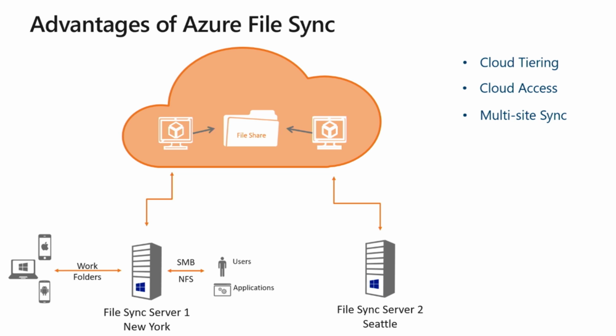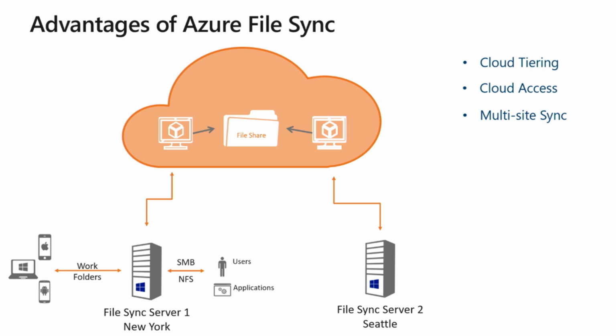You can easily set up a server in Orlando because your data is centrally located in the cloud, and you will not have any downtime or any replication that you have to do. Right now, if you want to replicate something, you have to set up DFSR and those kinds of things, and that's just tedious. This makes it super simple because your data is centrally located in a single location.